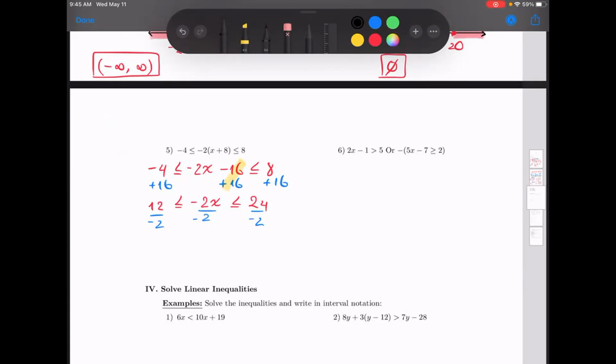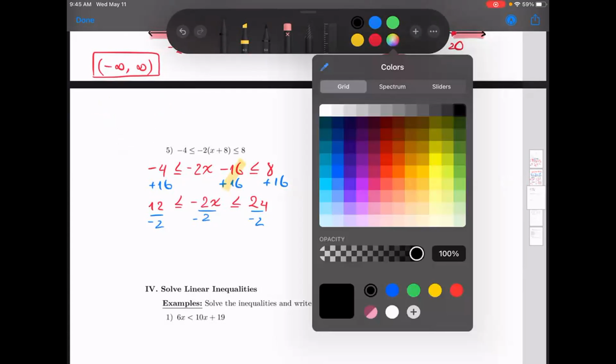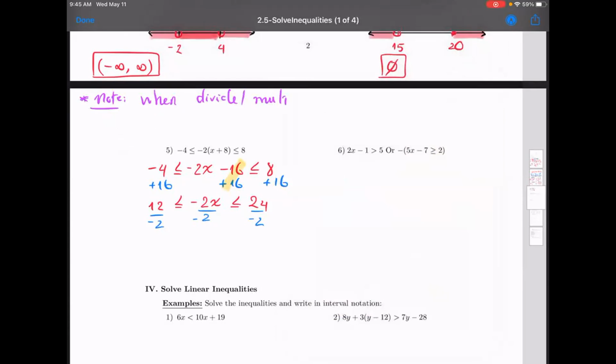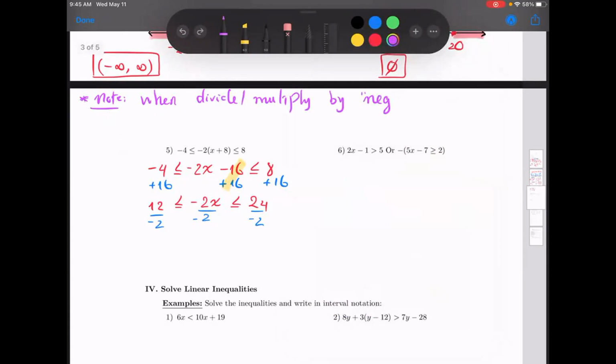So let me make a little note. When you divide or multiply by a negative number, flip the inequality.